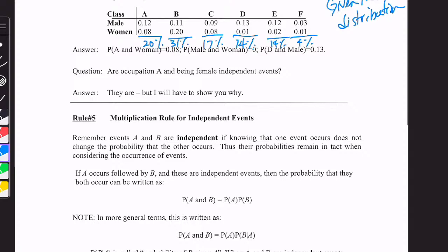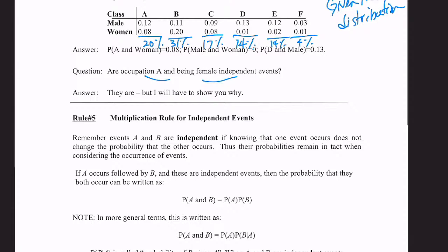Okay, so let's see this problem with the numbers. Let's work with the numbers for female and occupation A. So let's say if we saw somebody coming in, forget about the distribution even, just if we saw somebody coming in that was a male, and the occupation classes were divided by services, education, nursing, physicians, and it was divided like that.